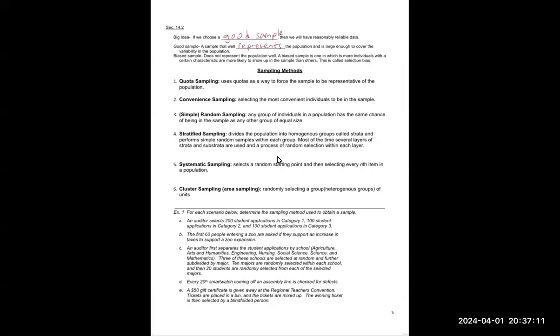If I'm trying to find information about the American general public, I might break the country into regions by states, then randomly pick 10 states that are going to get sampled. A lot of times that's called a stratified sample. Then you would do simple random sampling inside each state.